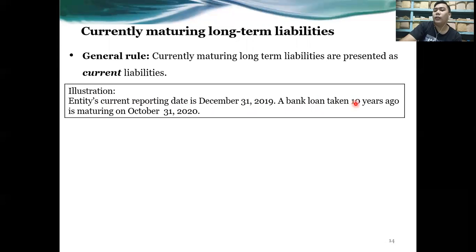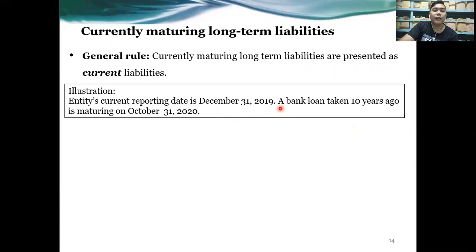A bank loan taken 10 years ago, meaning ginkuha ta siya sang 2010. Ma-mature sa kuno October 31, 2020, which is next year na. Okay, which is next year na, di ba? So, currently maturing long-term liabilities are presented as current liabilities. So, from non-current liabilities, ibutang mo na siya ngayon sa aton nga current.